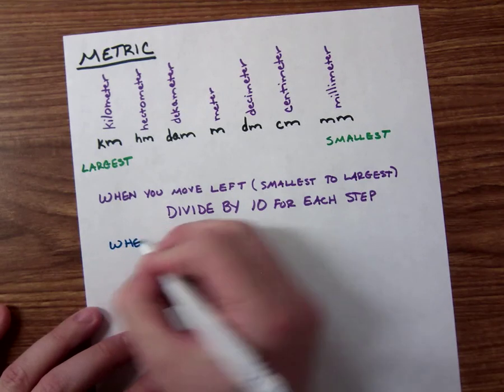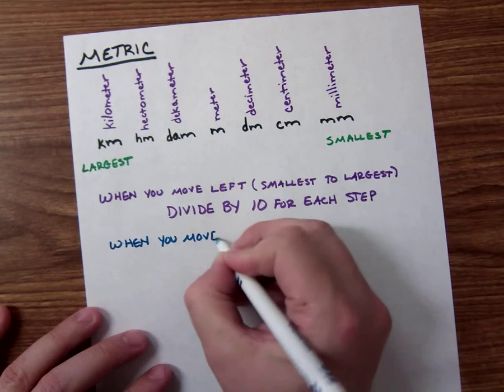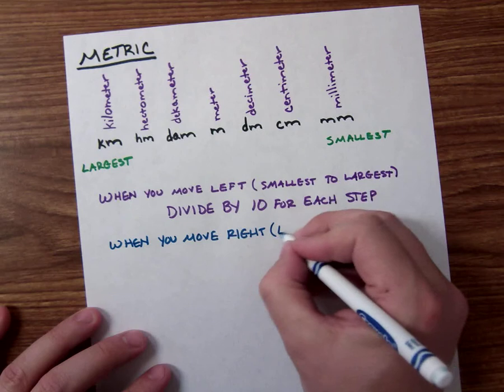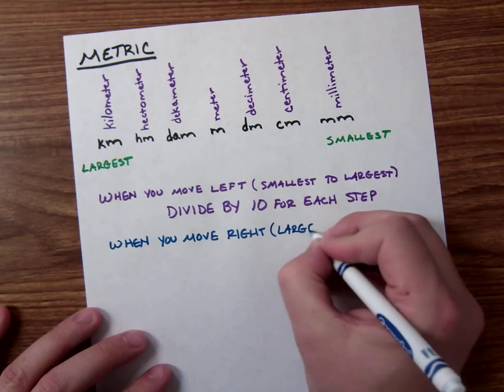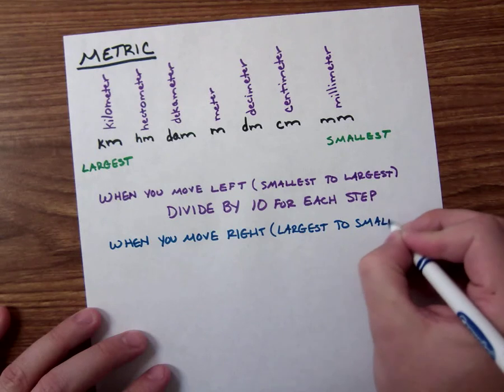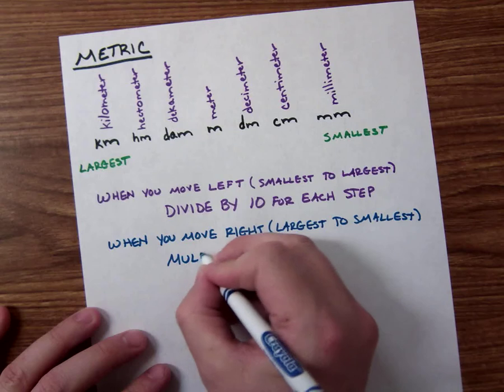When you move right, meaning largest to smallest, you multiply by 10.